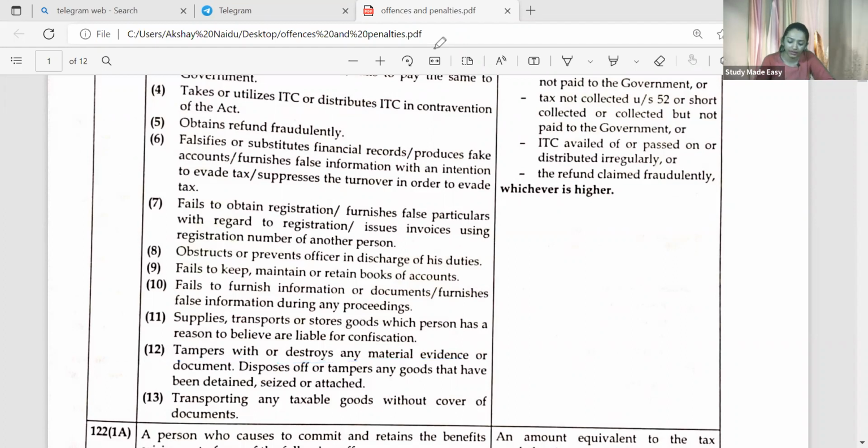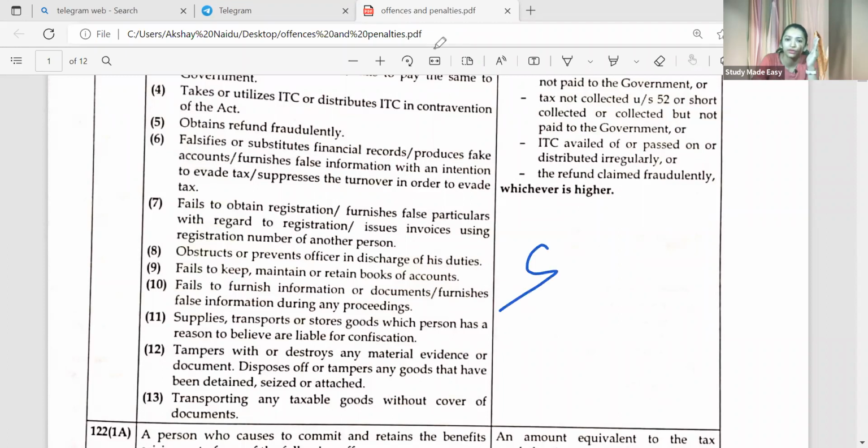Some material evidence you are destroying, or transporting any taxable goods without the cover of document. Transporting taxable goods without cover of document. In all such cases, when you transport any goods without cover of document, or you are transporting or storing some goods that are liable to confiscation, in all such cases, 122 applies.